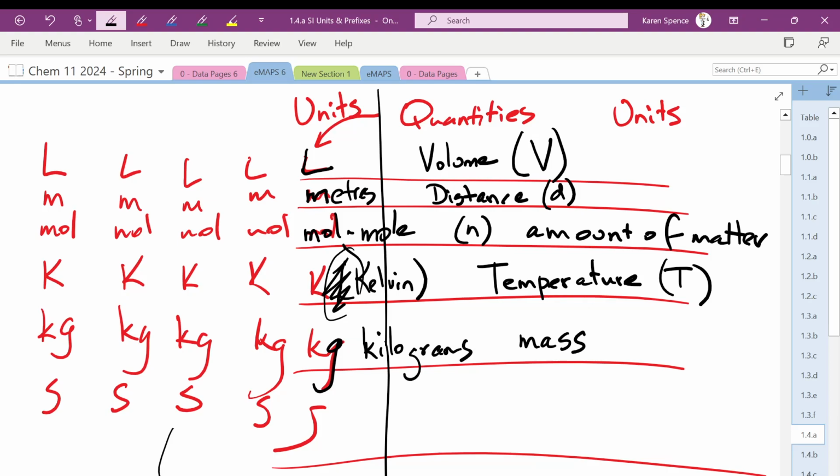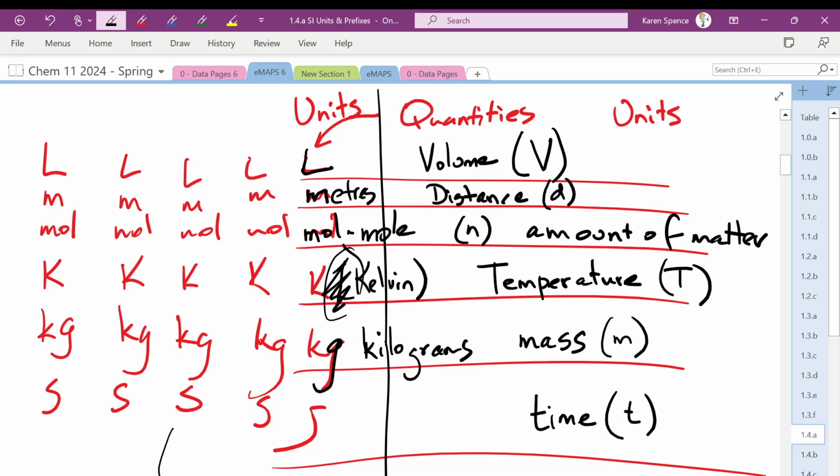And mass is abbreviated M. And finally, our last line, S, the quantity we're measuring is time. And time is abbreviated lowercase t.